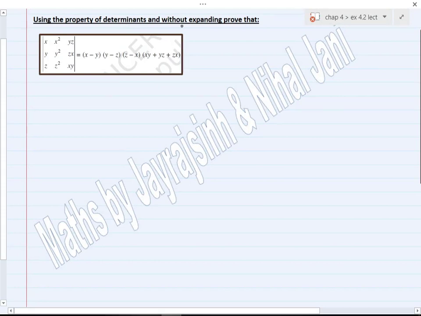Using properties of determinants and without expanding, we have to prove that the value of the determinant is x minus y, y minus z and z minus x into xy plus yz plus zx. Let's begin with the left hand side.